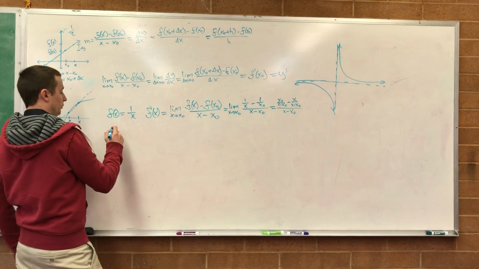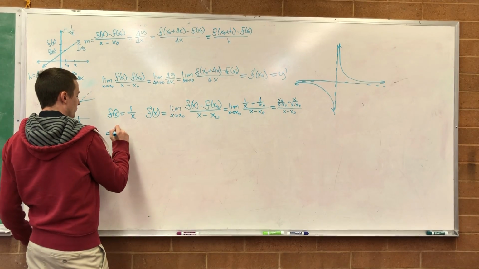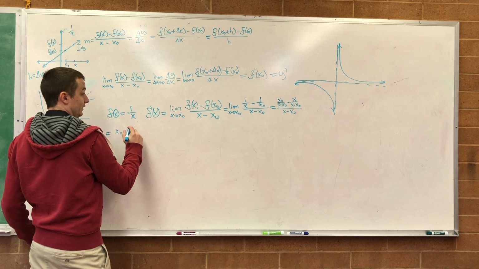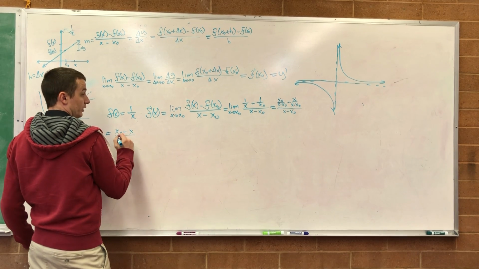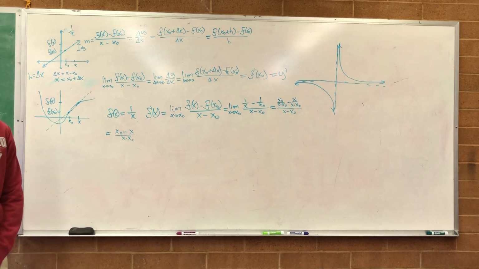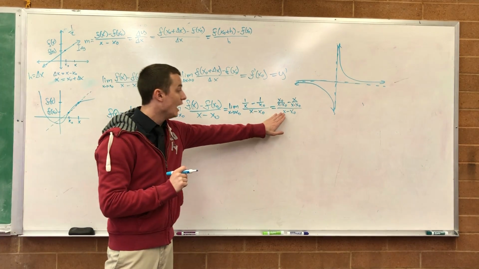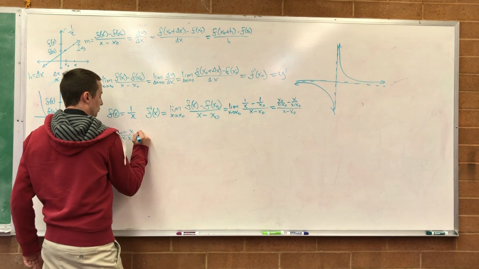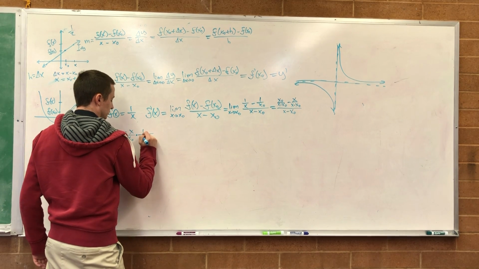Now I have a common denominator, so I can rewrite that as x naught minus x all over x times x naught. And for the denominator, remember, if you divide by a number, that's the same as multiplying by the reciprocal.